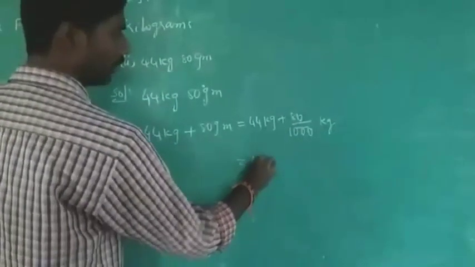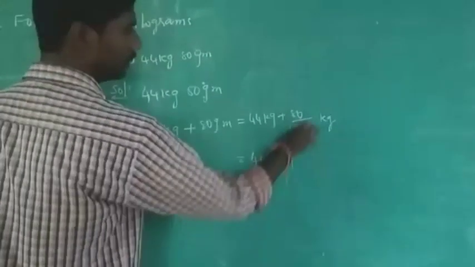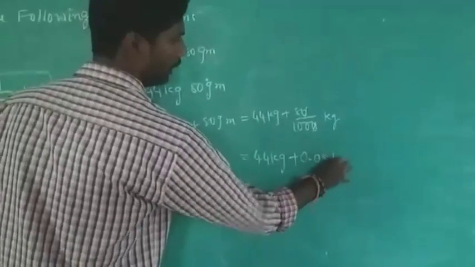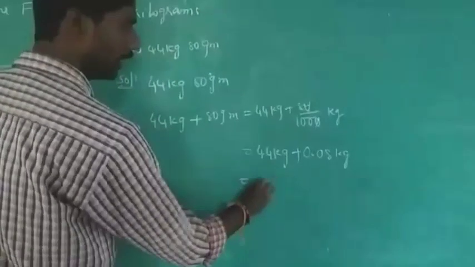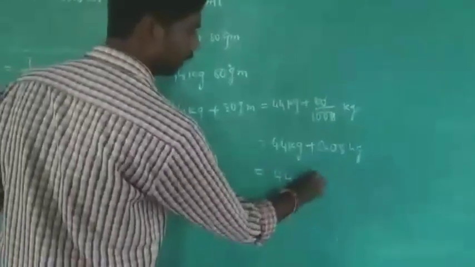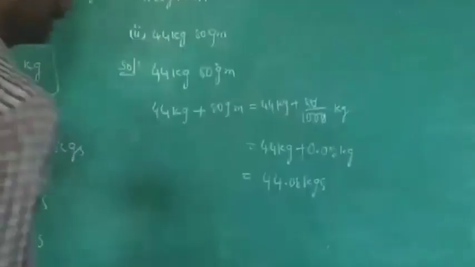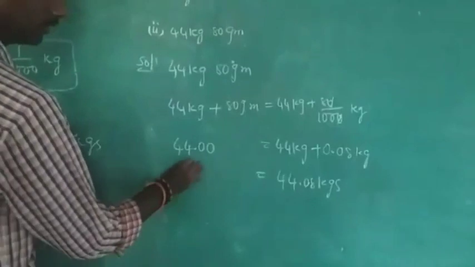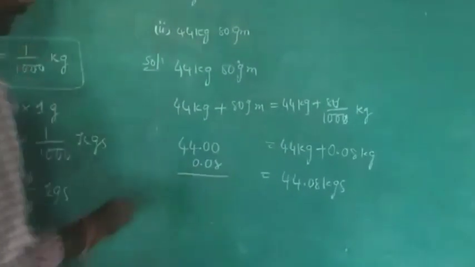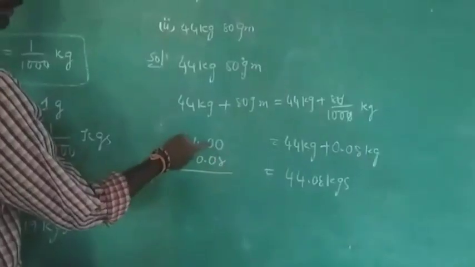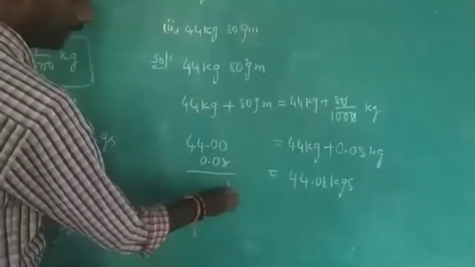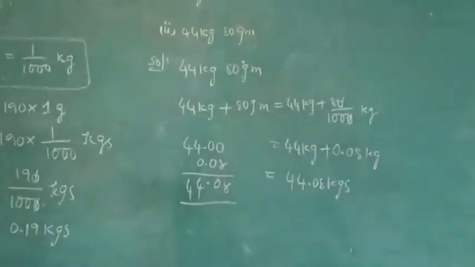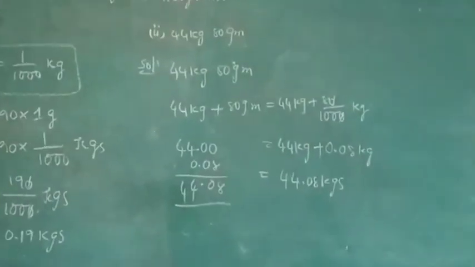The zero gets cancelled, so 44 kilograms plus 0.08 kilograms. If you add it, what you will get? 44.08 kilograms. Addition is very important. 44.00 you can write, plus 0.08. The hundredths place and tenths place should be considered.